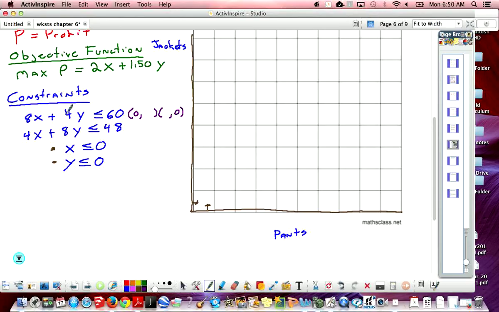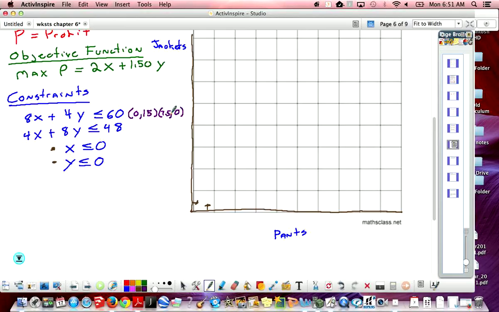So I'm asking myself how many 4s go into 60, and that is 15. Then I ask myself then, if y is 0, I just have 8x is less than or equal to 60. So I ask how many 8s go into 60, and I believe that is 7.5.